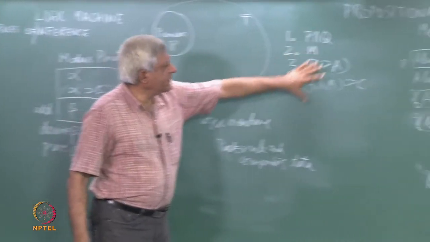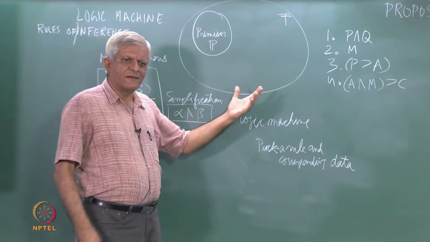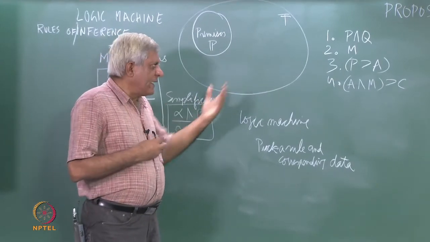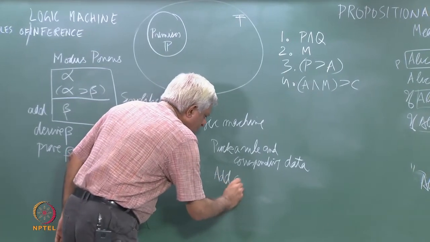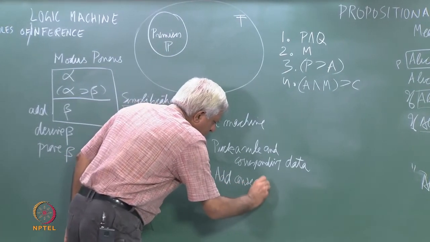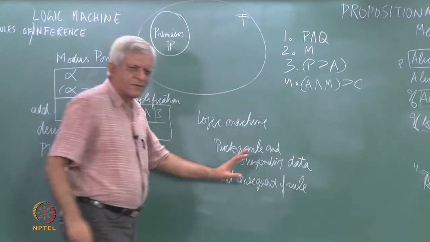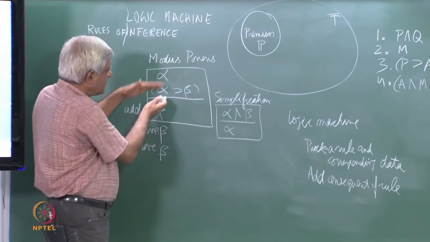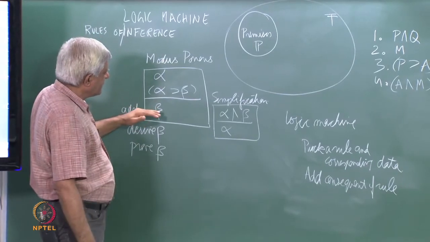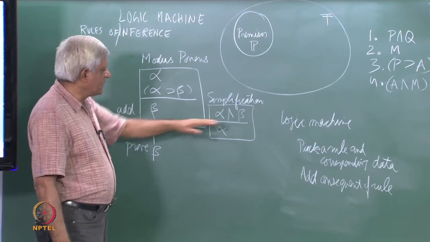For example, these sentences are already given to us, and if some rule is applicable to this data, take that rule and take the data and add the consequent of the rule. Of course, there is a matching component that I am not stating explicitly here. What is the consequent? The consequent is written below the line here.